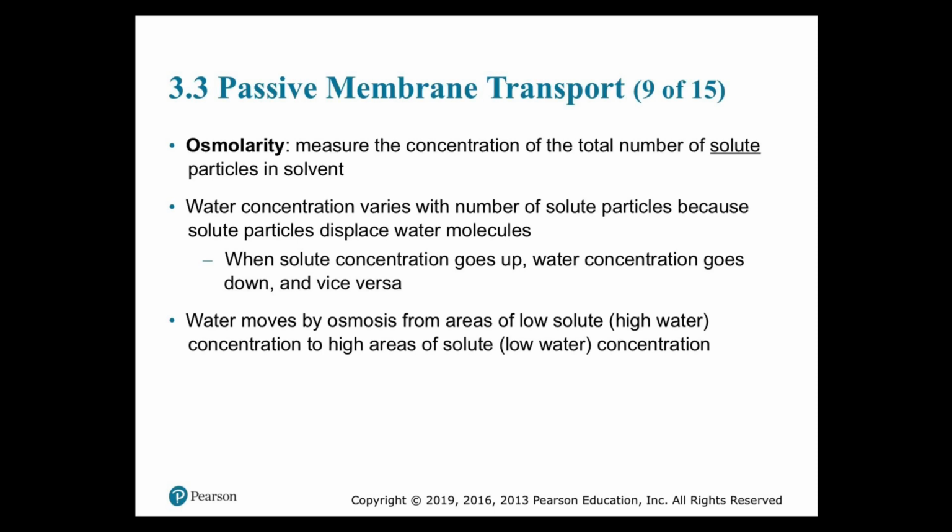Water concentration varies with the number of solute particles because solute particles will displace the water molecules. So when the solute concentration goes up, the water concentration goes down and vice versa. So water moves by osmosis from areas of low solute or high water concentration to areas of high solute or low water concentration.